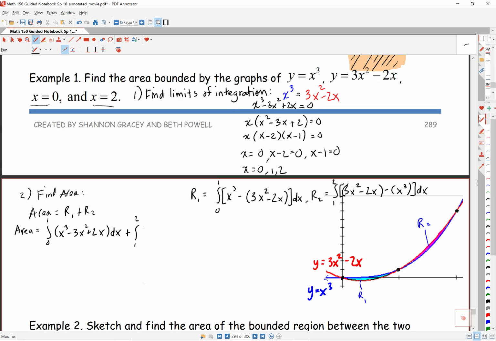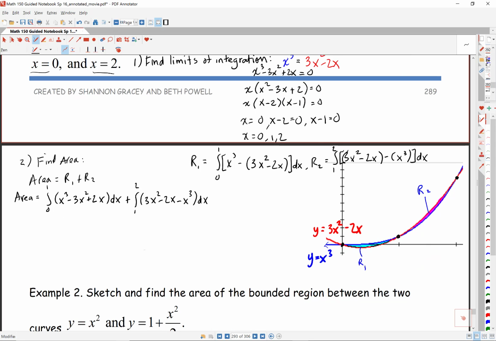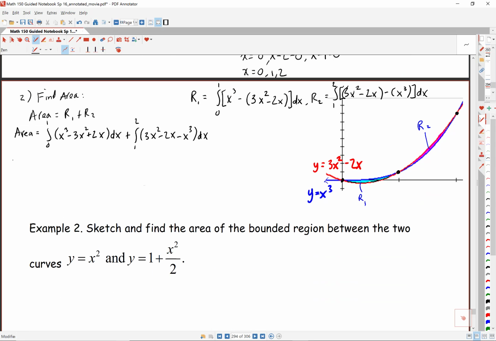And then we're going to add to that the integral from 1 to 2 of 3x squared minus 2x minus x cubed with respect to x.